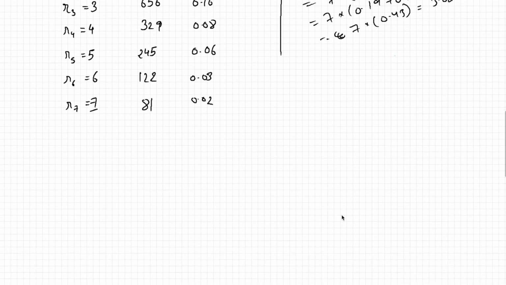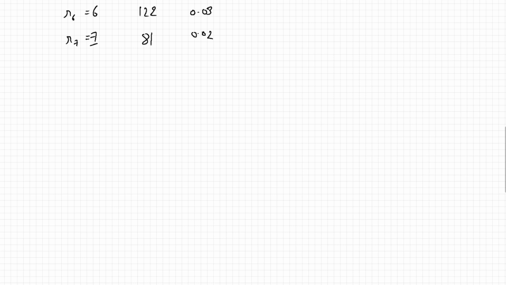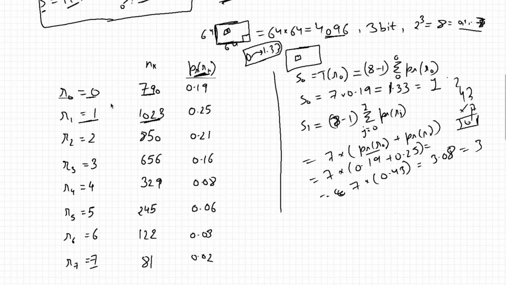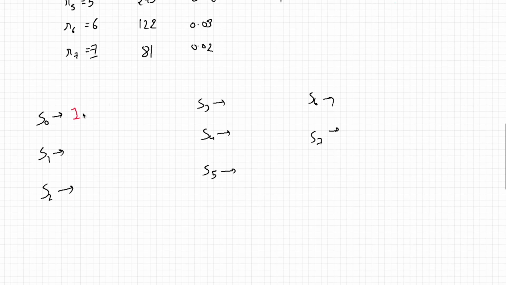Let me write it separately here, maybe using a different color. So S of 0, S of 1, similarly we'll find S of 2, S of 3, S of 4, S of 5, S of 6, and S of 7. We just calculated S of 0 as 1.33, which we round off as 1.